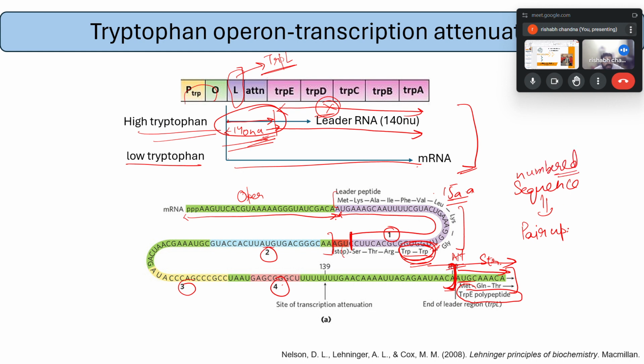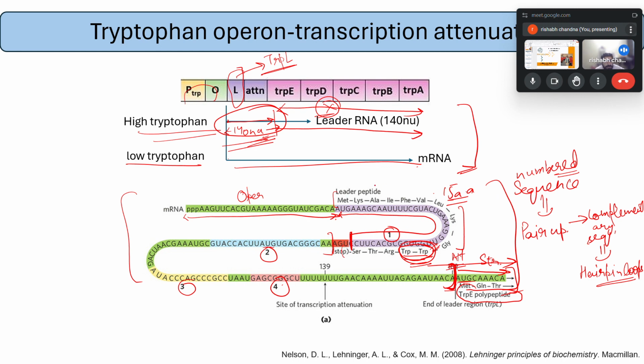They have complementary sequences that can form hairpin loops. This is the main thing about the attenuator. Now we'll see how this particular attenuator functions.